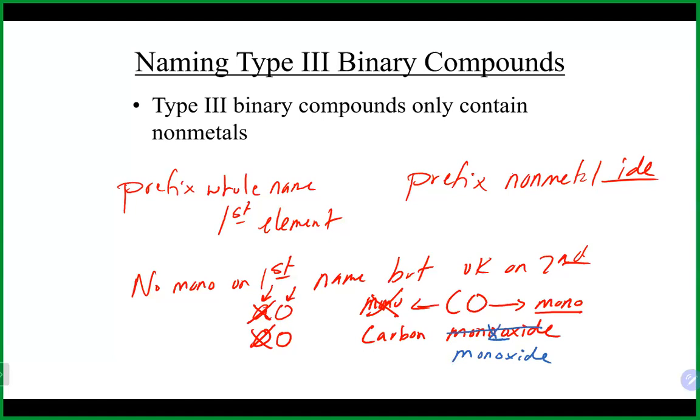So this is carbon monoxide. Whenever you have an A and an O that back up to each other, get rid of the A. An O and an O, get rid of the O. Two I's seem to be okay, so two I's coming next to each other is okay. But the main ones are the A and the O, and the O and the O, that back up from the prefix to the first letter of the element name. Question on that?